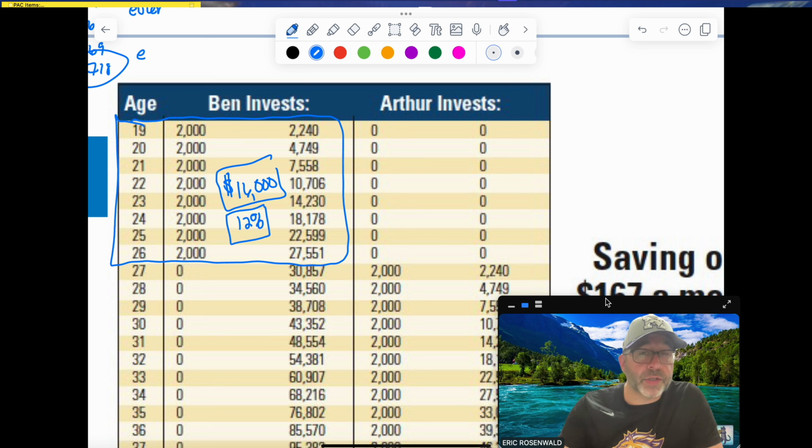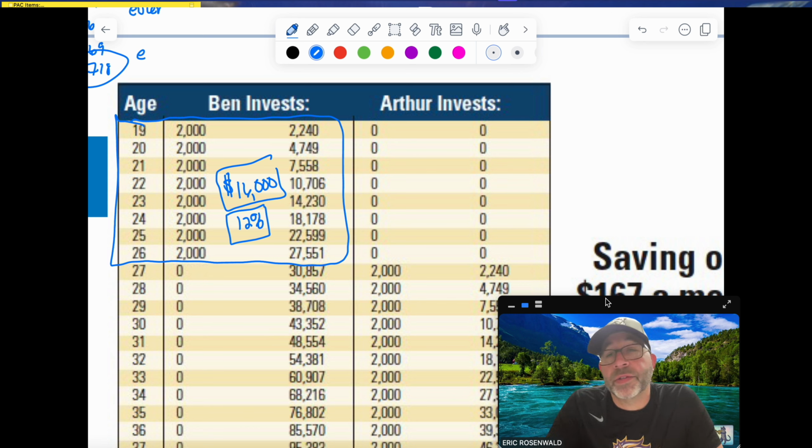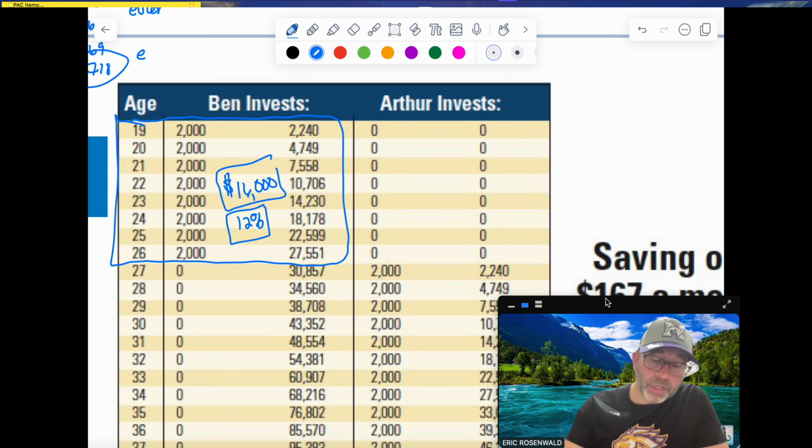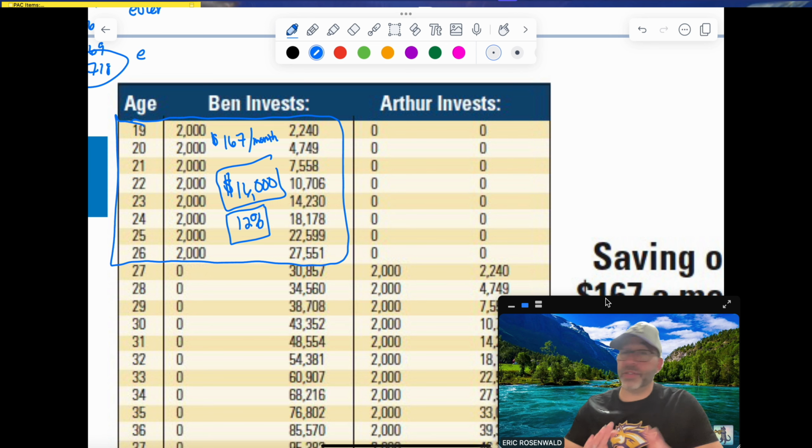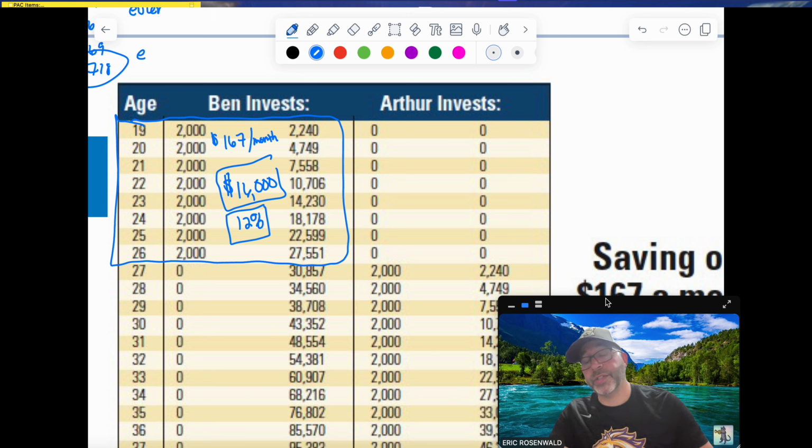Now, there are places where you're going to earn 12%, like a retirement account. I think Vanguard has some that are earning over 12%. But 12%: $2,000 divided by 12, you're going to be putting in $167 per month into your retirement account. That's it. $16,000, $167 a month for 8 years.